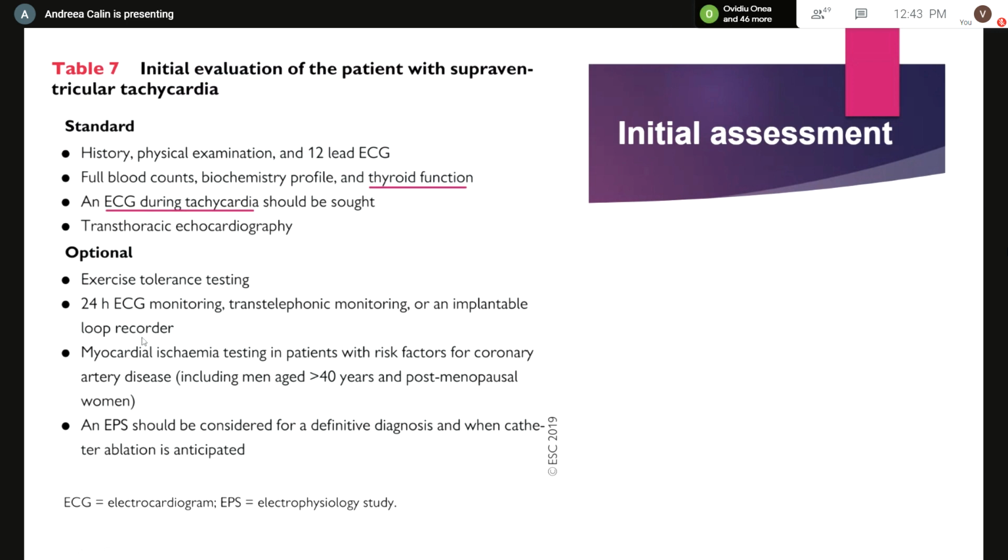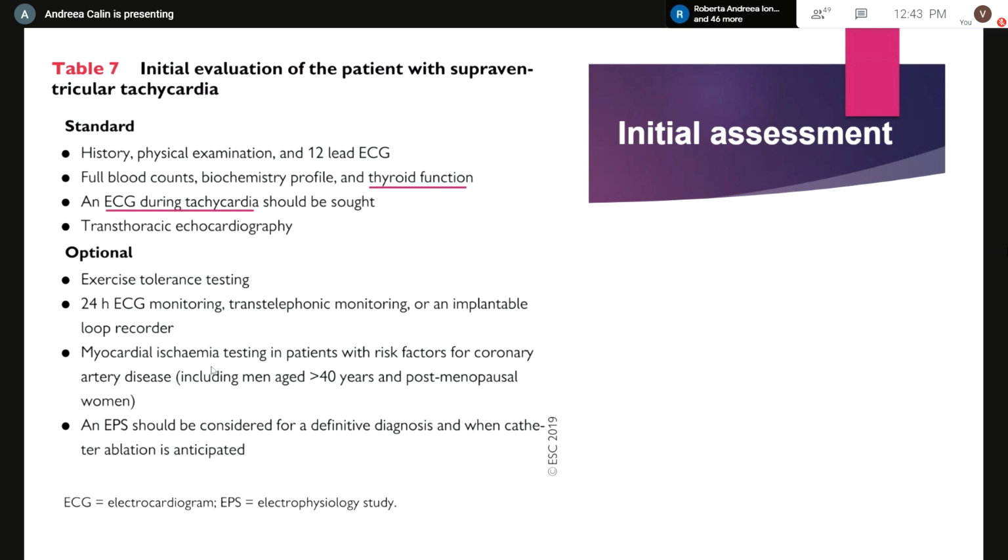And there are some optional tests that can be performed, like ECG monitoring, Holter monitoring, or even transtelephonic monitoring in patients that have rare episodes of palpitation, or even an implantable loop recorder in patients that have infrequent episodes of SVT.